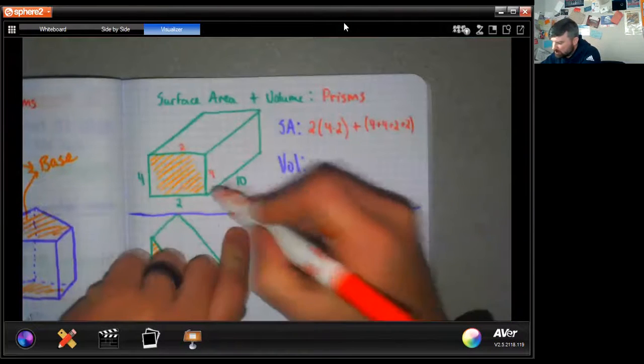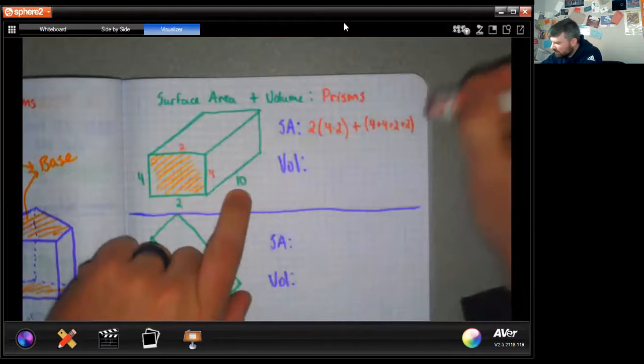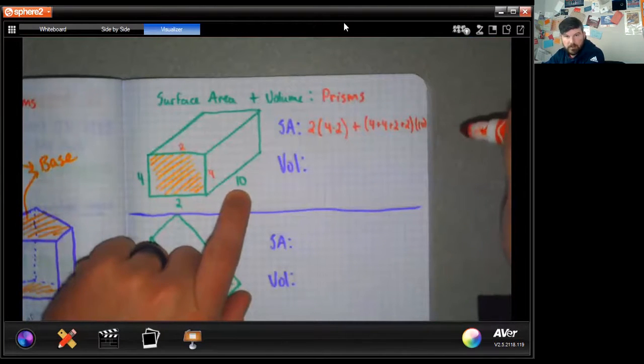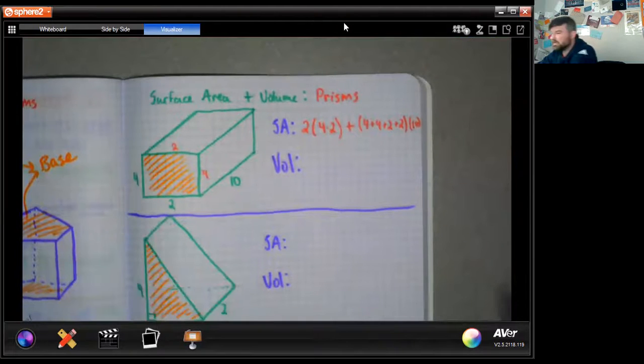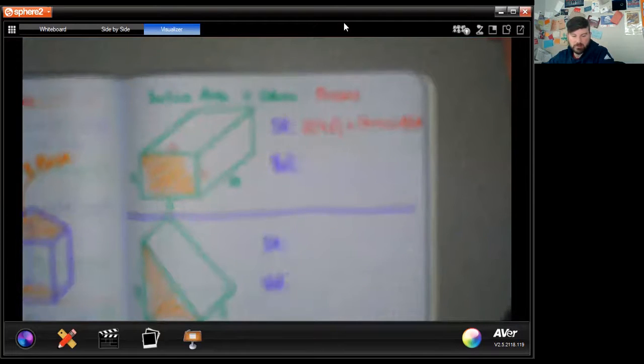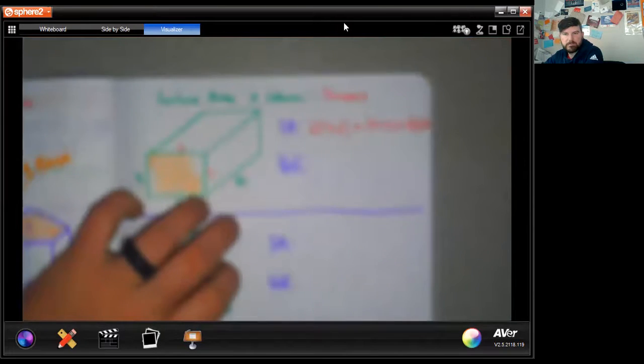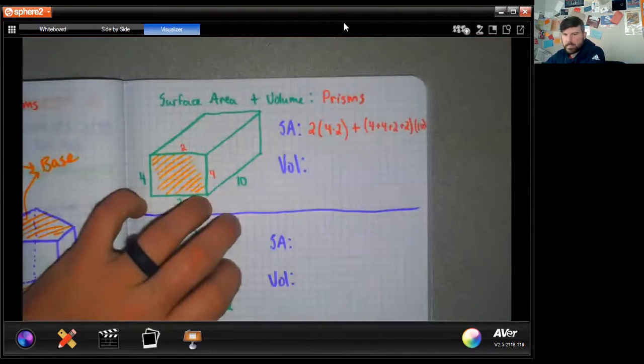So how far is it between this base and this base? That would be 10. Okay. Now you could put all of this into a calculator, or you could do it all in your head. It doesn't really matter. Okay.